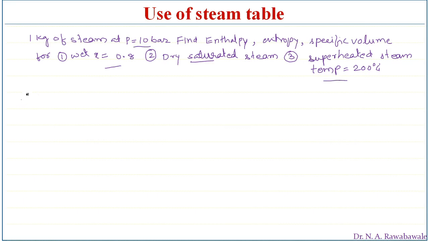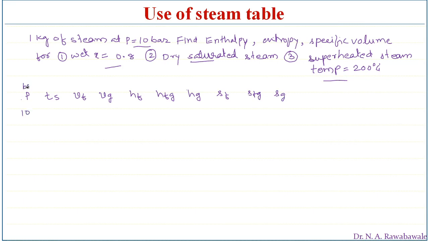So we will write these properties from the steam table: pressure, temperature of saturation, Vf, Vg, then Hf, Hfg, Hg, Sf, Sfg, then Sg. These properties we have to take from the steam table at a pressure of 10 bar.